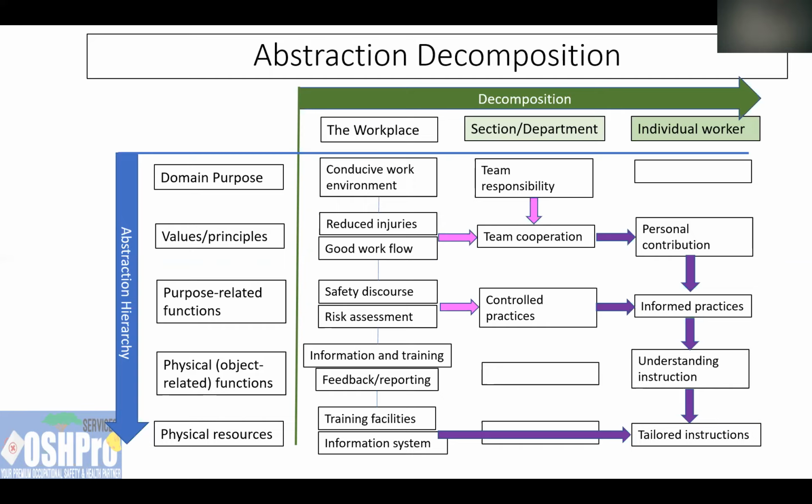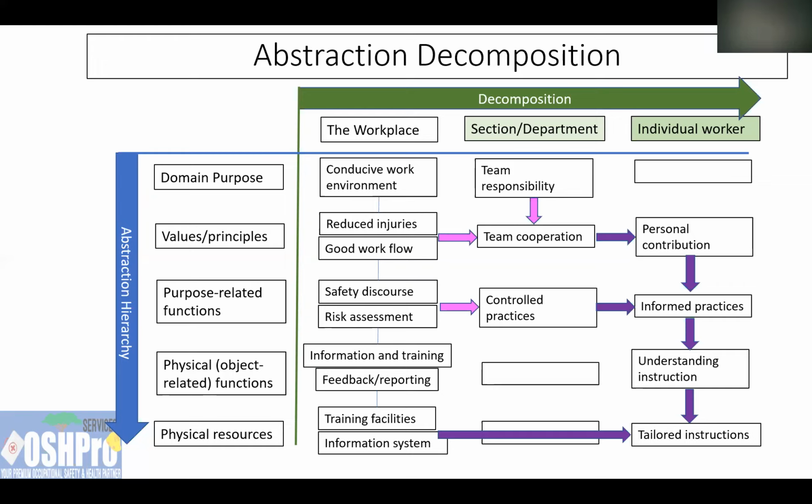We always say safety is my responsibility, or safety is the individual's responsibility. So what is the contribution they can make in the work that will contribute to team cooperation, that will contribute to reducing injuries? So you have to look at the personal contribution of that individual.